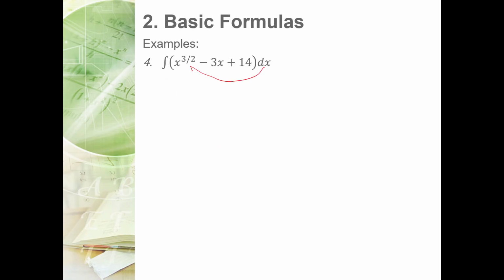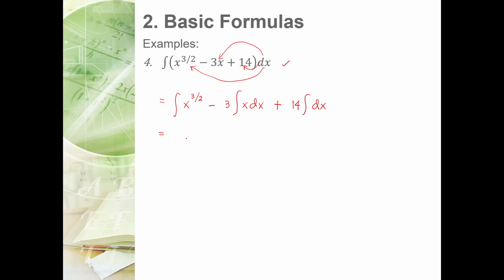If you are fast enough, you can practice shortcuts, since you have a problem set anyway. So x to the power 3 halves, minus 3 integral of x, and plus 14 integral of dx.